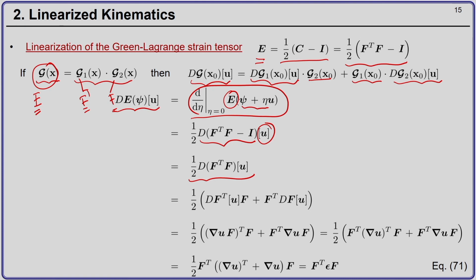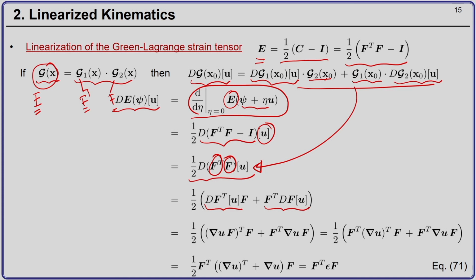Now, here I can use this property. My g 1 is F transpose, and this is my g 2. So, I can write the directional derivative of F transpose in the direction u times F, plus F transpose times the directional derivative of F in the direction u.